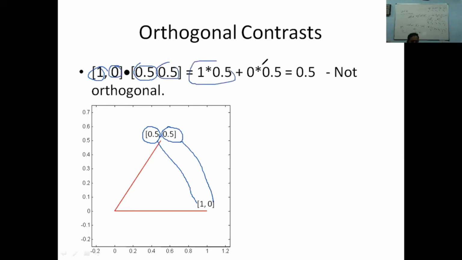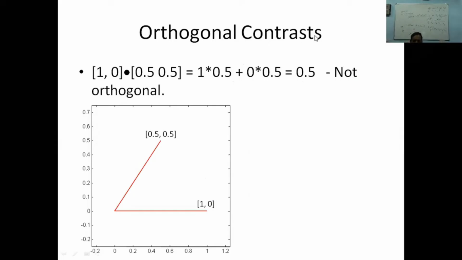Adding these two values, if it is not giving a value of 0, this is not equal to 0, so we call it non-orthogonal.